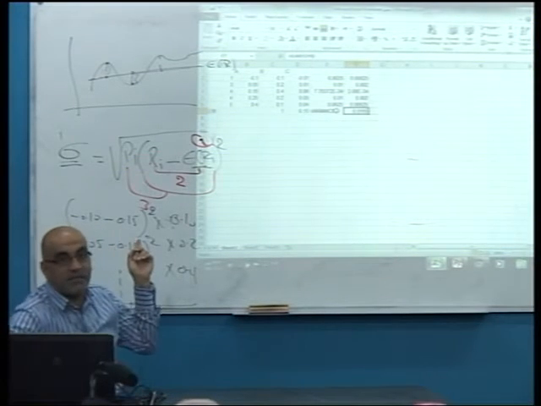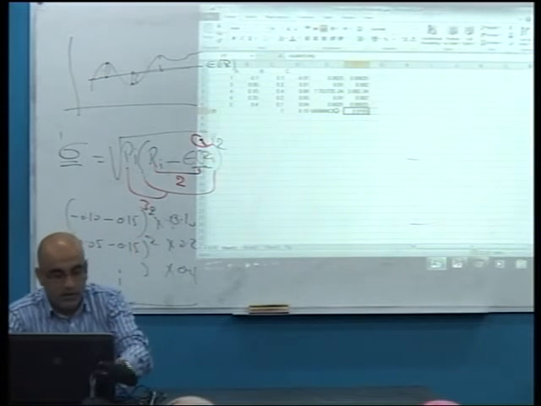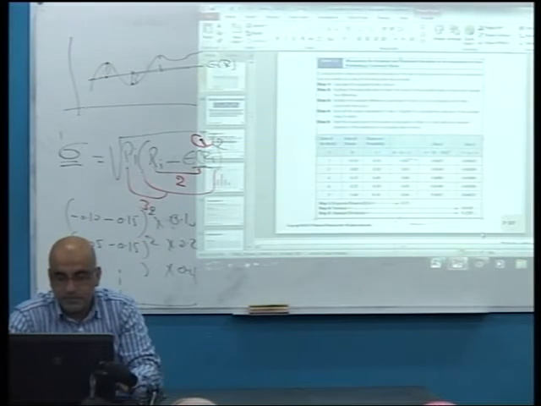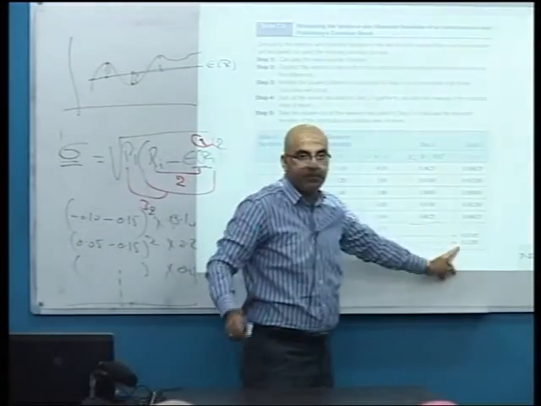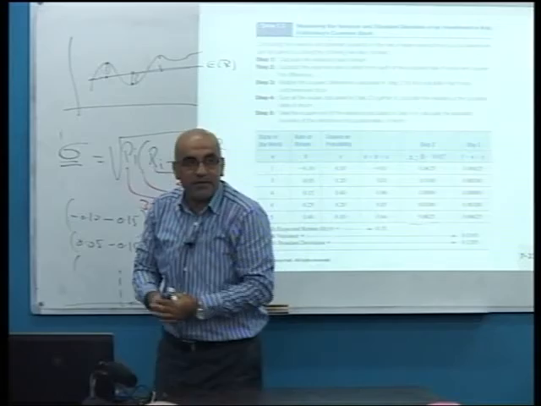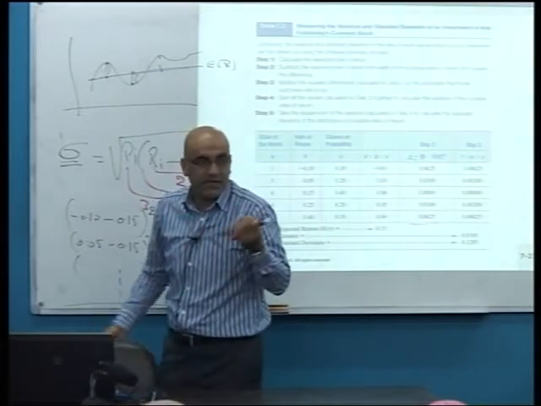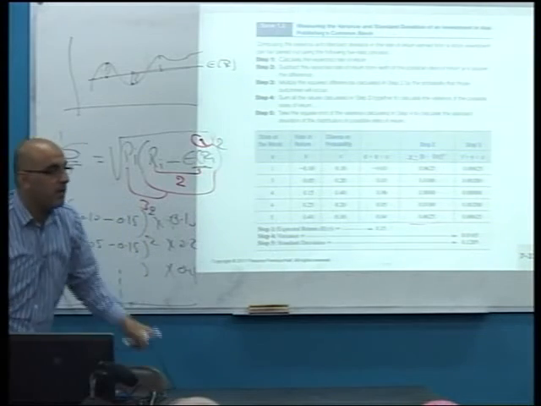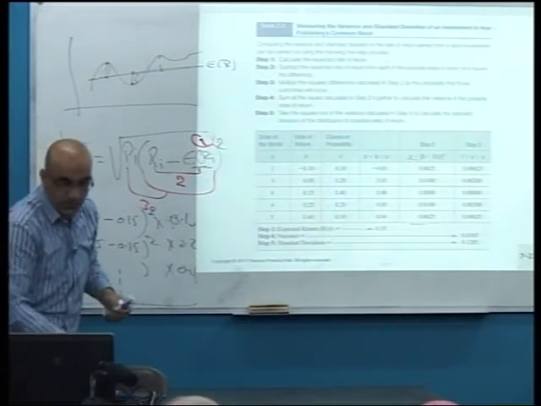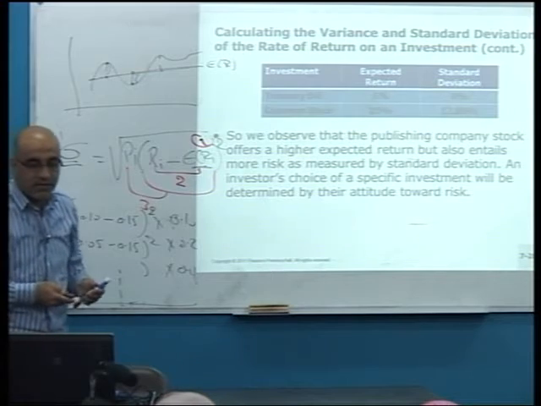Okay, for our example here, if we go back to the slides, the variance is the same. If you want to calculate the standard deviation, just take the root. Okay. So this is how we calculate.